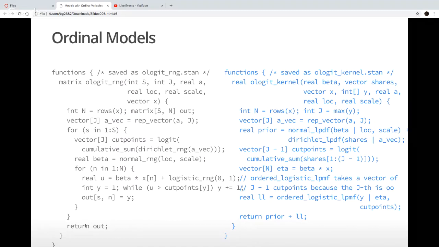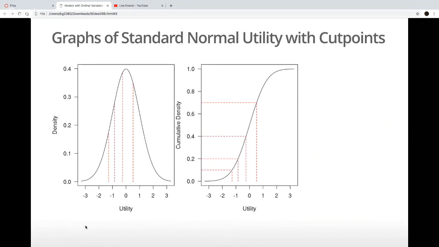So essentially what we're doing here, okay, we've talked about the process by which we get realizations of cut points. The horizontal axis here is utility space. And so for each person, we want to get a prior predicted value of their utility. Okay, we get a draw of beta from a normal prior distribution, use that beta to multiply by their x.